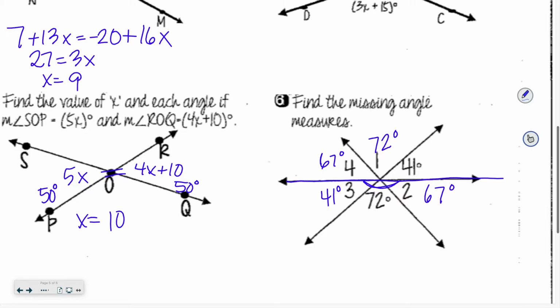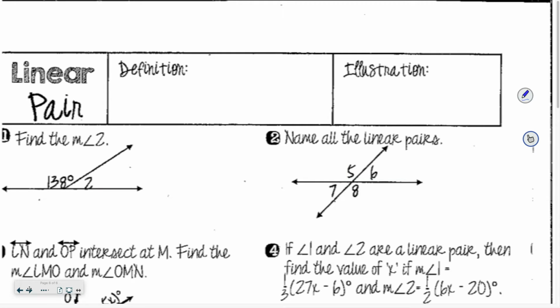All right, last one we're going to talk about is a linear pair. What does the word linear mean? Line. What is a pair? 2. So if it's a linear pair, and what topic are we even talking about right now?